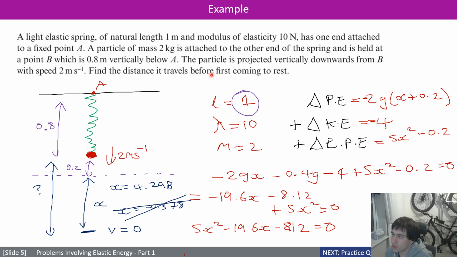What's the distance it travelled before first coming to rest? That's this distance with the question mark. So that's 0.2 added to that x. So it's 4.298 plus 0.2. So our final answer is 4.498 meters, with the 0.2 added on.